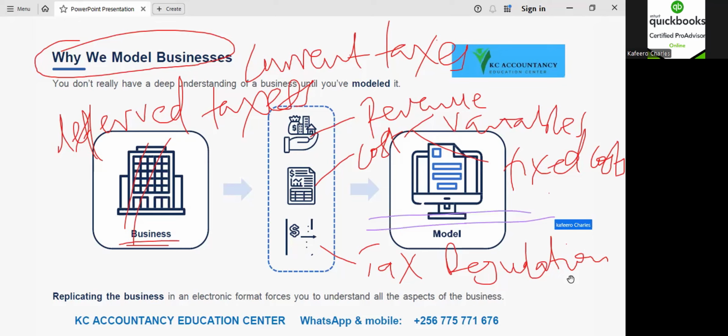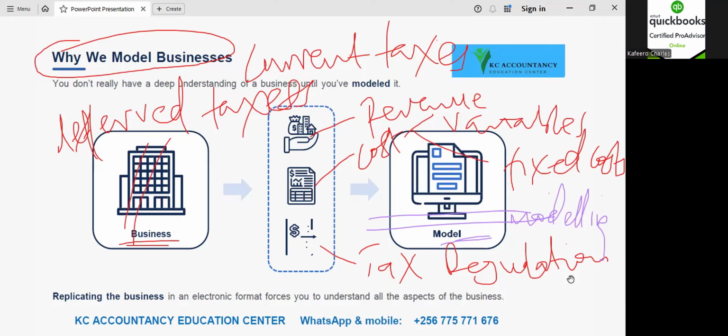We start modeling the business, because it is after we have understood all the different aspects that our business is dealing with, and it is only when we have understood that, that we can come up and say we start building our finance model. So now we start building the finance model of that business that we've understood.